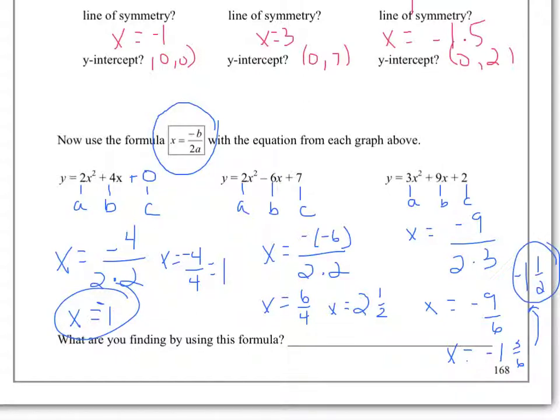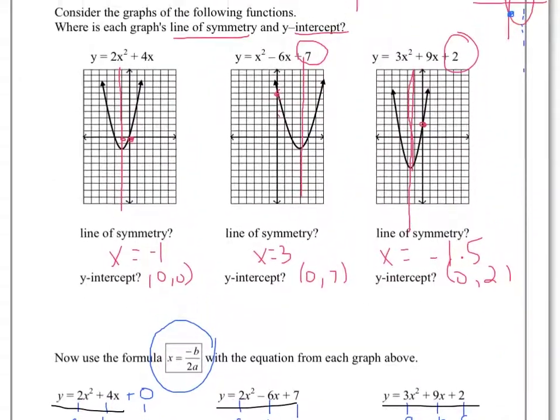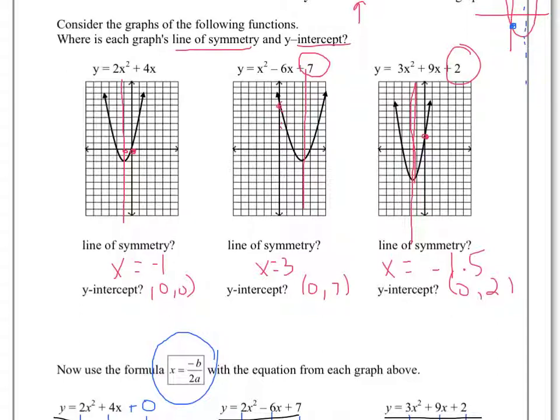What I'd like to do is look at our answers down here, because these are the same equations as the ones in the graph. When we scroll back up, we can see that the lines of symmetry are exactly the same. And you know what, I'm going to change this one right here. I think my graph is a little bit off because it should be 2.5, a little more to the left than how I drew it.